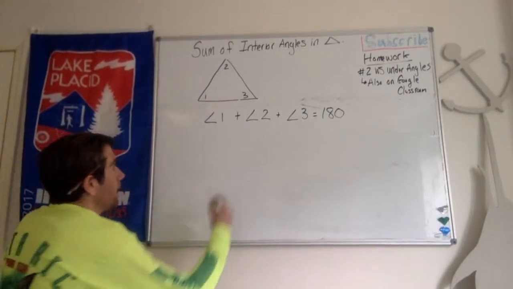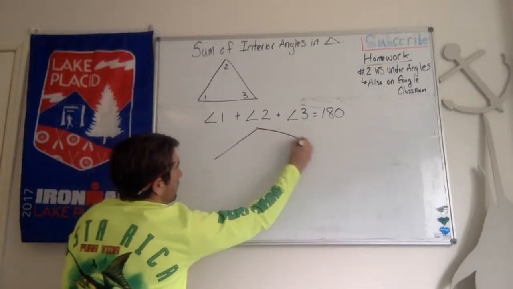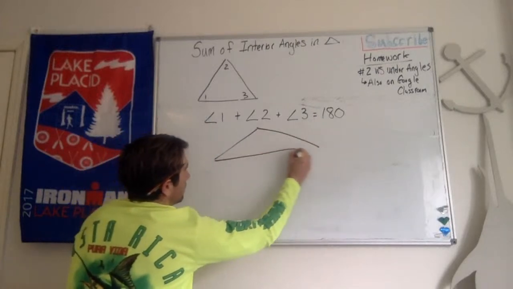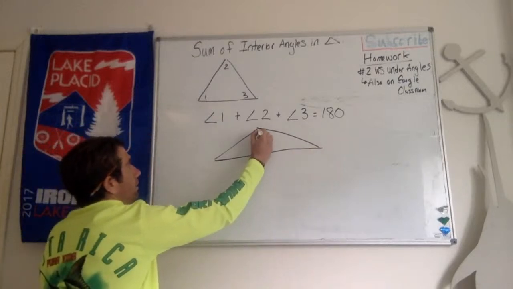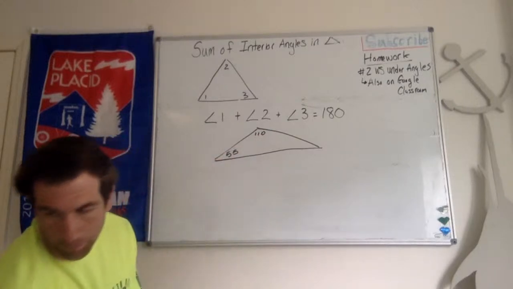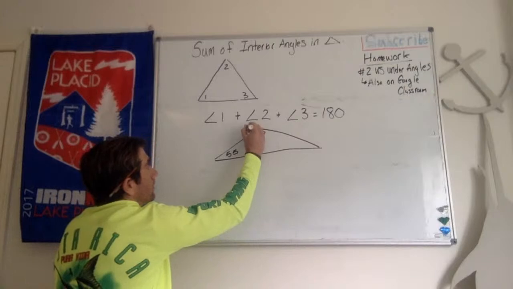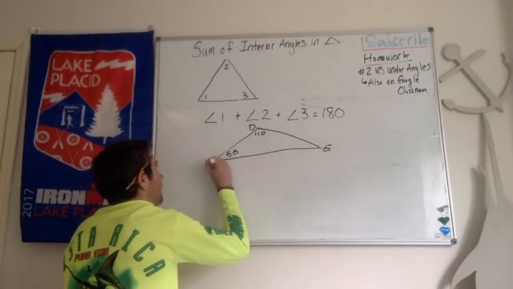So we have triangle DEF. All right, we got 110, 55. This is angle D, triangle DEF. Okay.